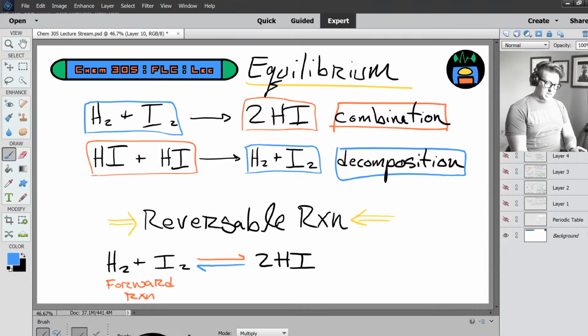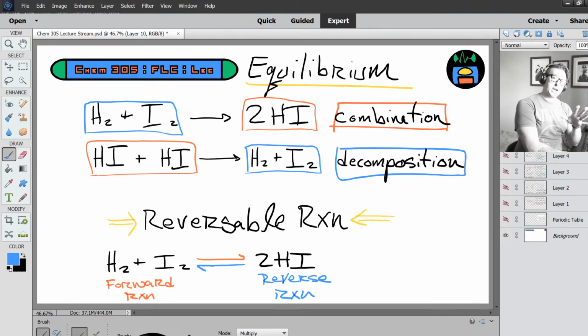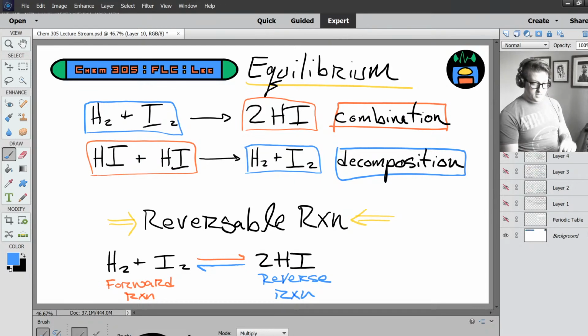And HI reacting with HI to make H2 and I2 is known as the reverse reaction. So you've got the forward reaction and the reverse reaction, and they both are occurring simultaneously at the same time.